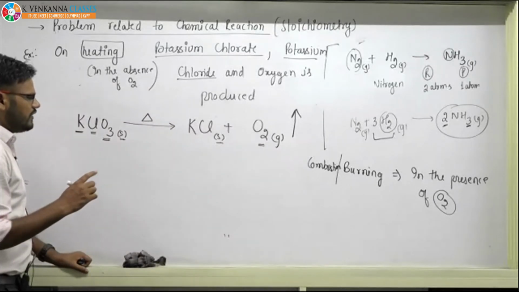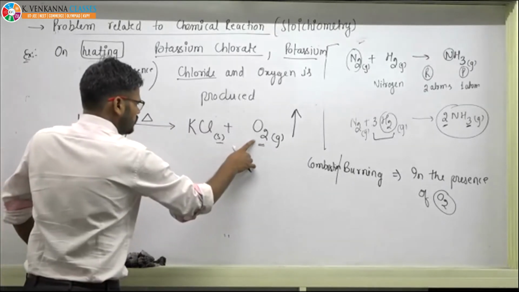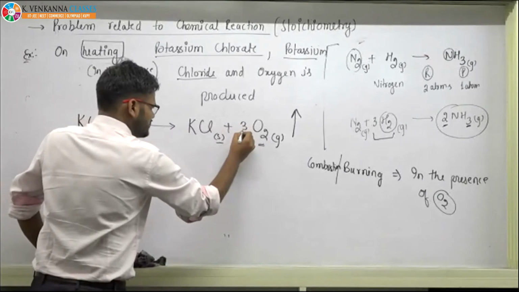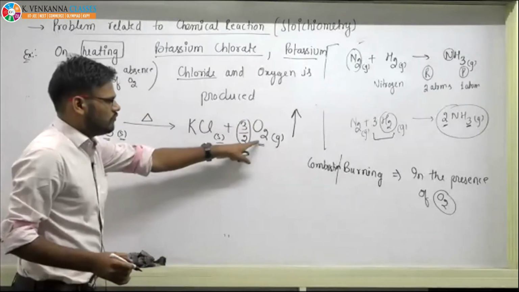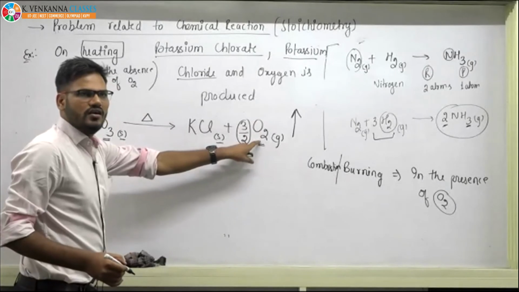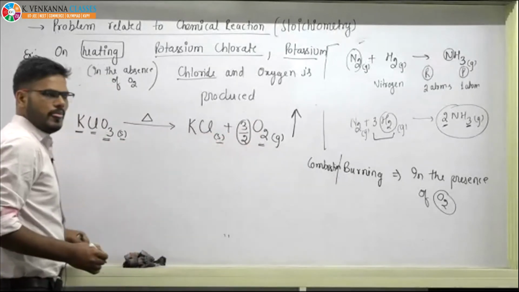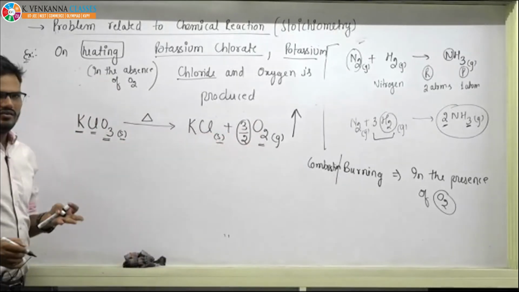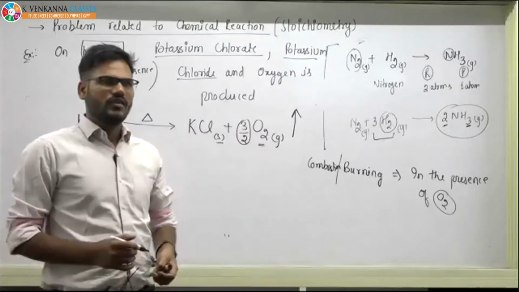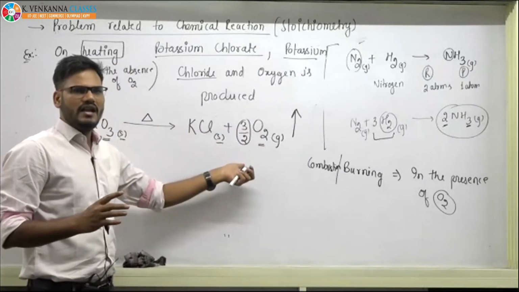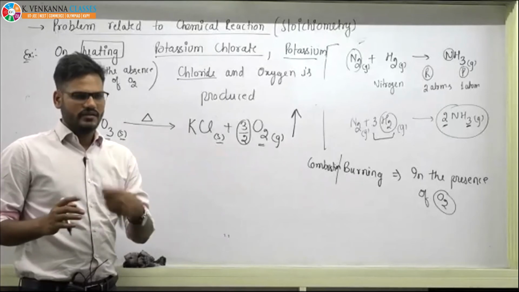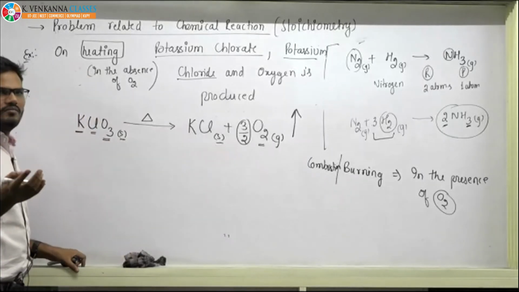If we want to balance, here it is written 2, so just multiply 3 by 2. Now on multiplying 3 by 2, you will see atoms of oxygen will also become equal. But in general, we do not balance with some fraction. We try to balance it with good numbers, that is, natural numbers, right?